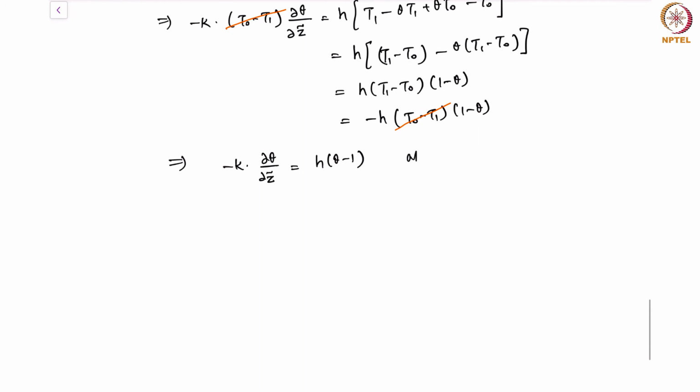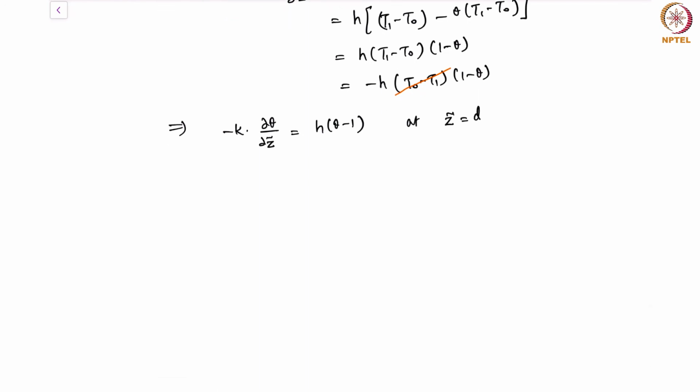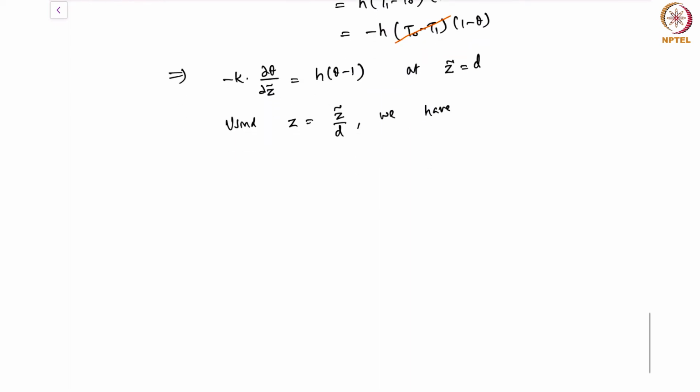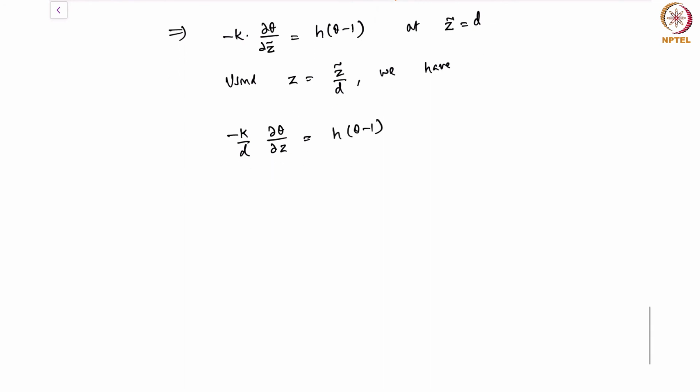This, remember, is at z hat is equal to d, and now if I use z is z hat by d, we have minus k by d del theta by del z becomes h of theta minus 1. This is at z is equal to 1.